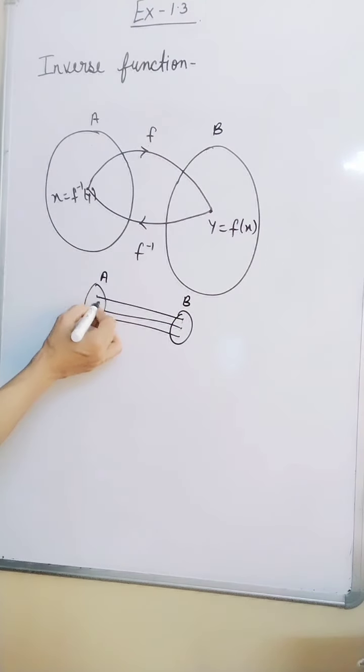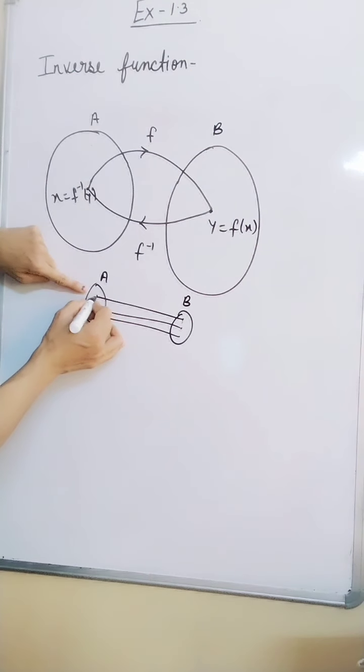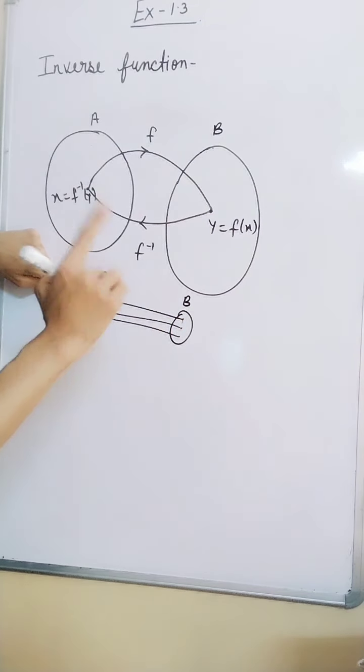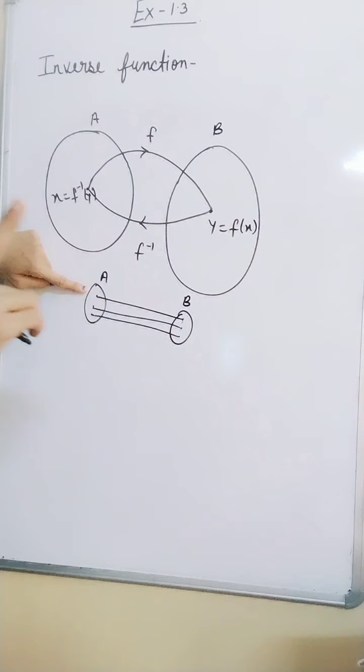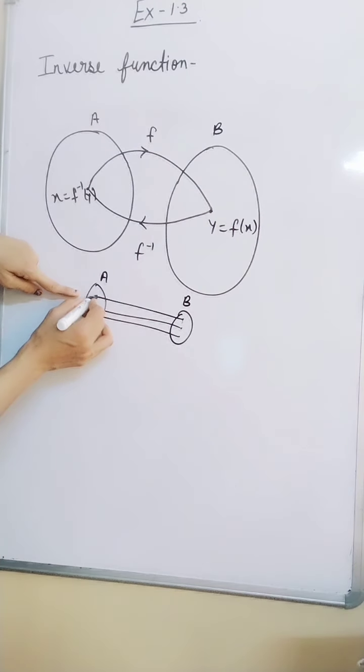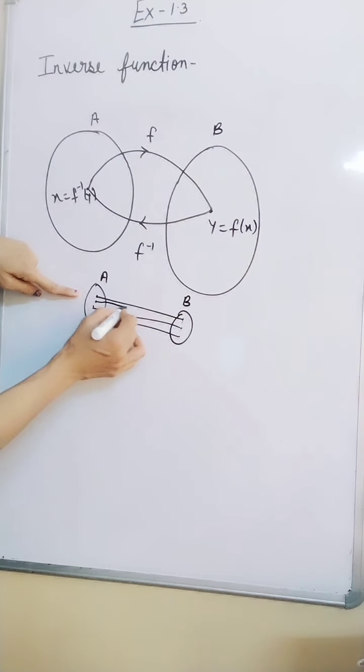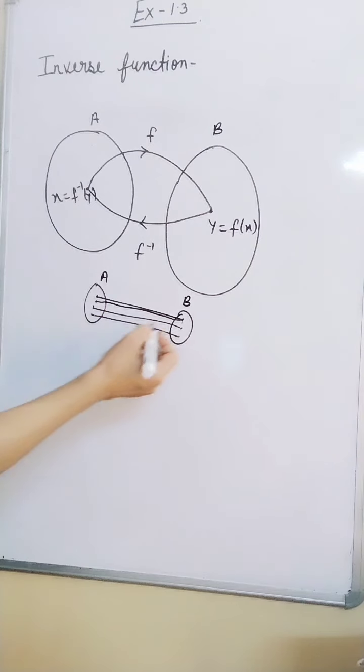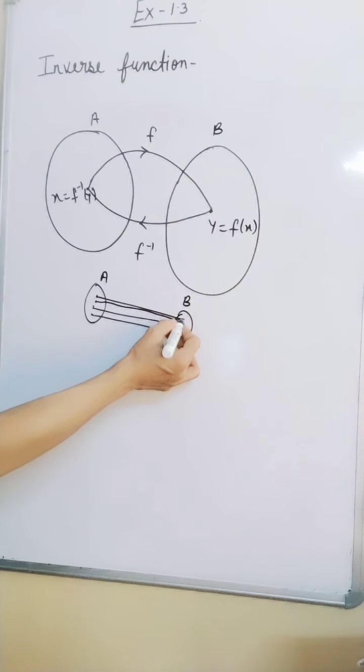Now the second thing is one-one. If this function is one-one, then each element of set A will be related to one element of set B. If this function is not one-one, it means this function is many-one, and two elements of this set may have one image in this set B. So in that case again I cannot define f inverse, because if I want to define f inverse, which image will I take?